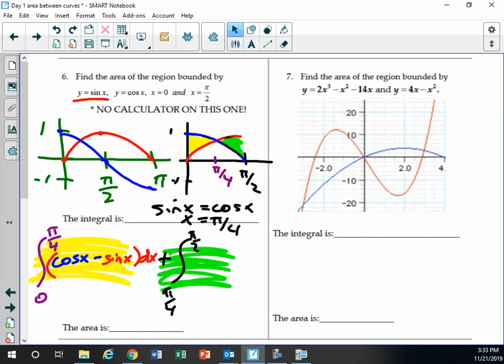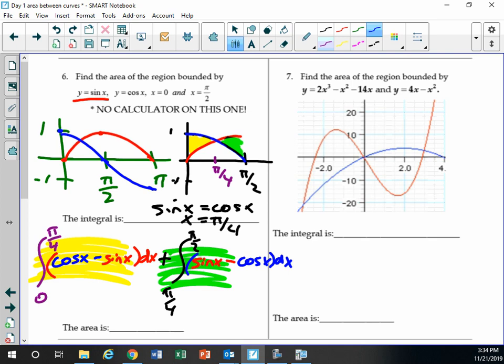And in this case, on the green portion, the red is on top. So sine x is on top, minus cosine x. If you just go from 0 to pi over 2, you will not get the correct answer.